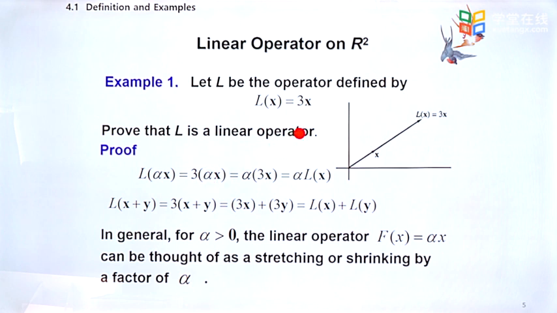By the distributive property, this equals 3x + 3y, where 3x is just L(x) and 3y is just L(y). After we show these two equations hold, we know that L is a linear operator.